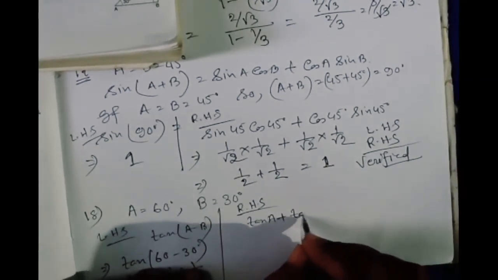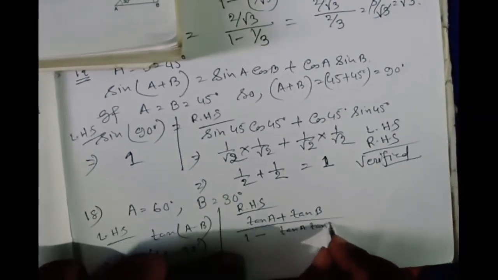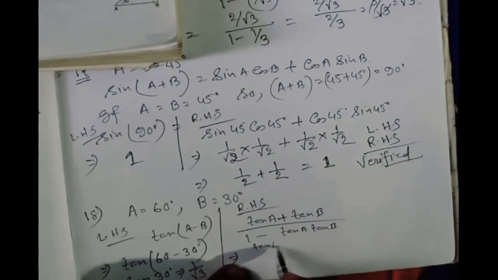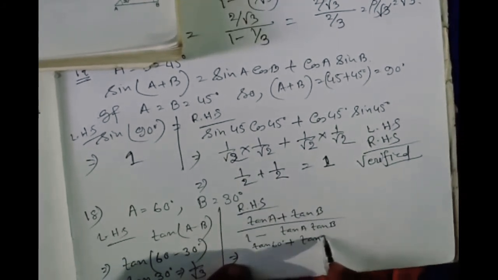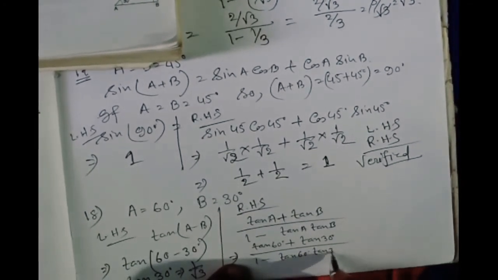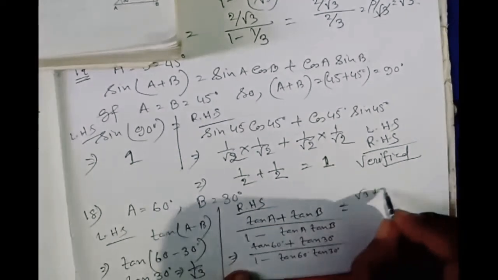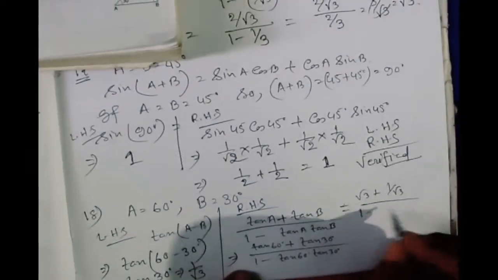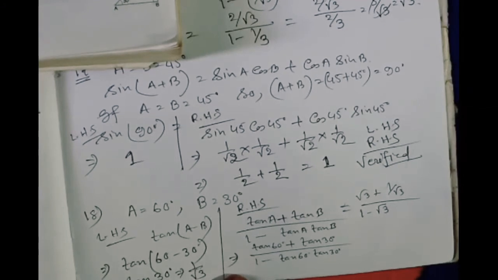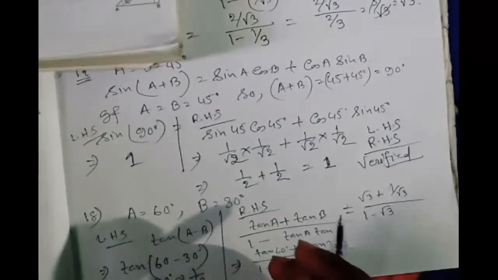Tan A plus tan B by 1 minus tan A tan B. Value of tan A is tan 60 plus tan 30 by 1 minus tan 60 tan 30, that is root 3 plus 1 by root 3 by 1 minus root 3 into 1 by root 3. Sorry, it is wrongly written.